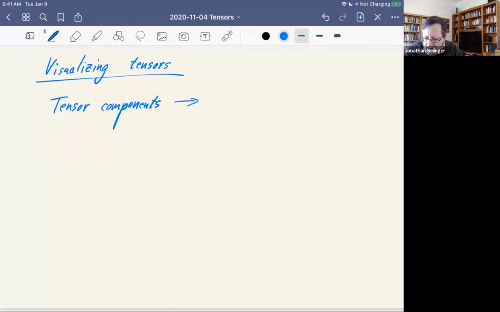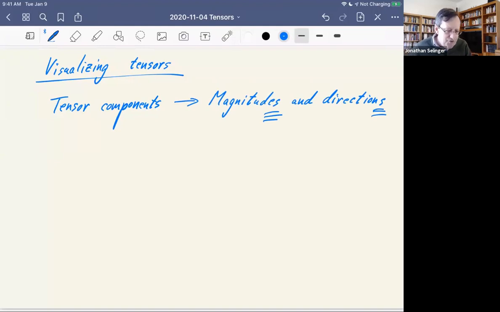So what's the equivalent thing for tensors? We want to know, how does the set of 9 numbers correspond to a set of magnitudes, plural, and directions, plural? It is possible to do that. Let me tell you what I can about how to do that correspondence.